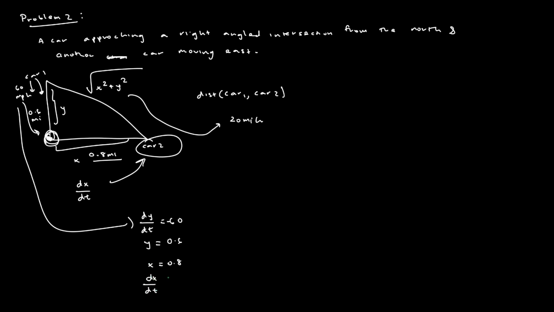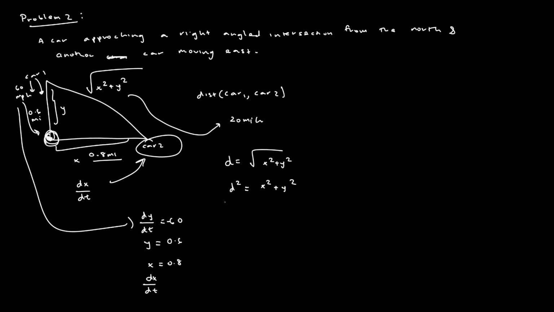If we represent the distance as d, it is equal to the square root of x squared plus y squared. Because I don't want to deal with square roots, I'll take the square. d squared is equal to x squared plus y squared.